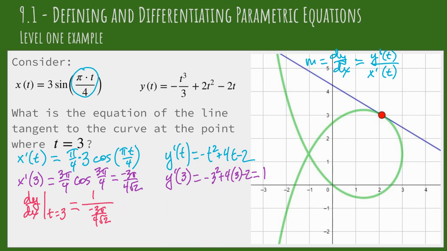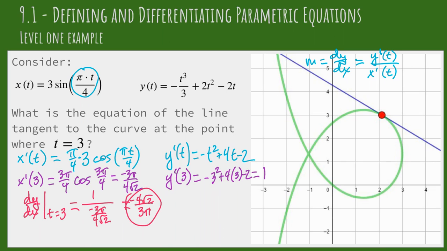And then getting rid of the complex fraction, essentially just multiplying by the reciprocal of the bottom, that's going to give us 4 square root of 2 over negative 3 pi, and I'll put the negative on top because that's traditionally what we want to do. So that's the slope of our tangent line.